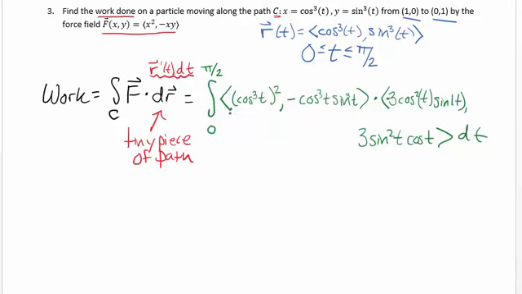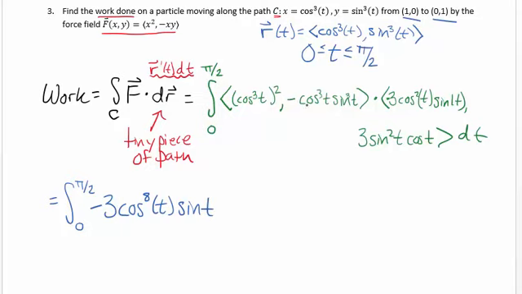Okay, and then to actually integrate this, we would have to first do this dot product. We cannot integrate this if it's still in this dot product form. So we're going to have the integral from 0 to pi over 2. I'm taking this cosine to the 6th times the first component from our derivative. So that's a negative 3 cosine now to the 8th power of t times sine.